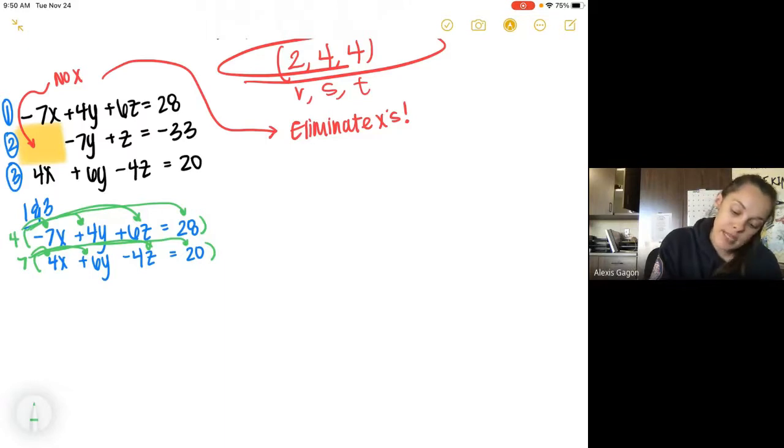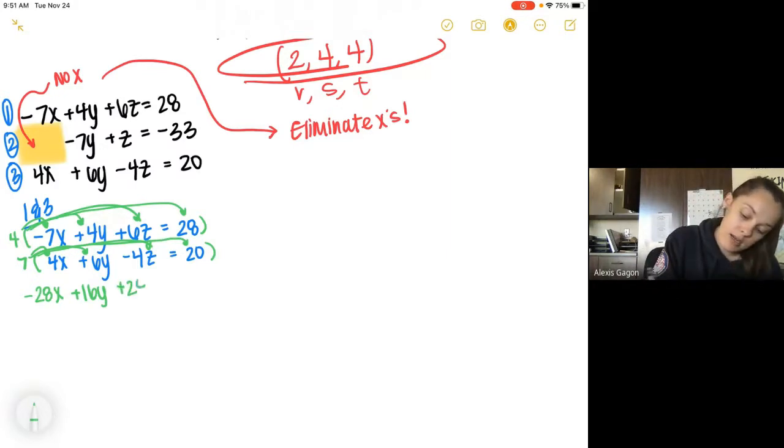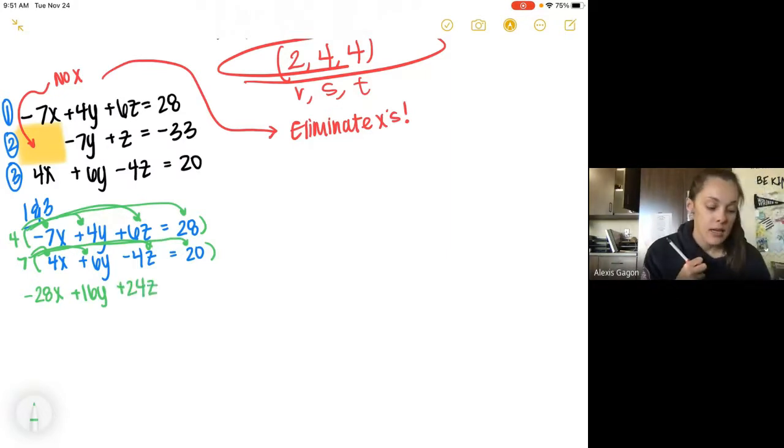So 4 times negative 7x is negative 28x. 4 times 4y is 16y. 4 times 6z is 24z. And 4 times 28 is 112.